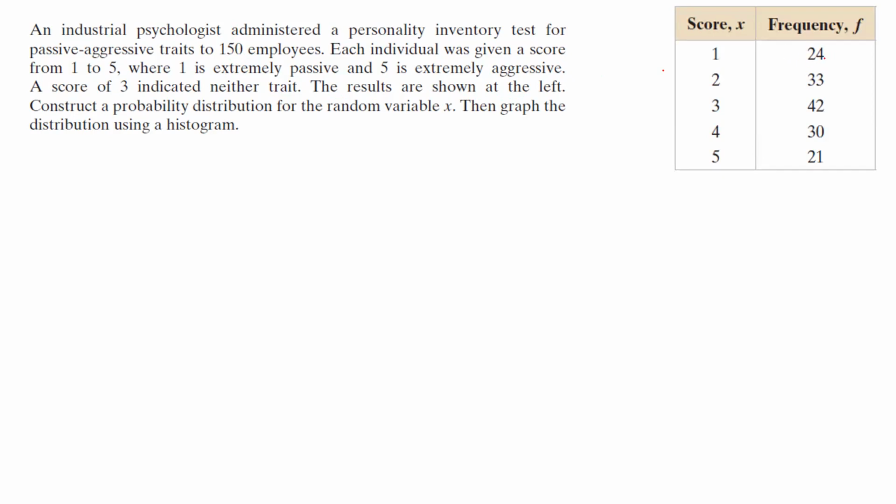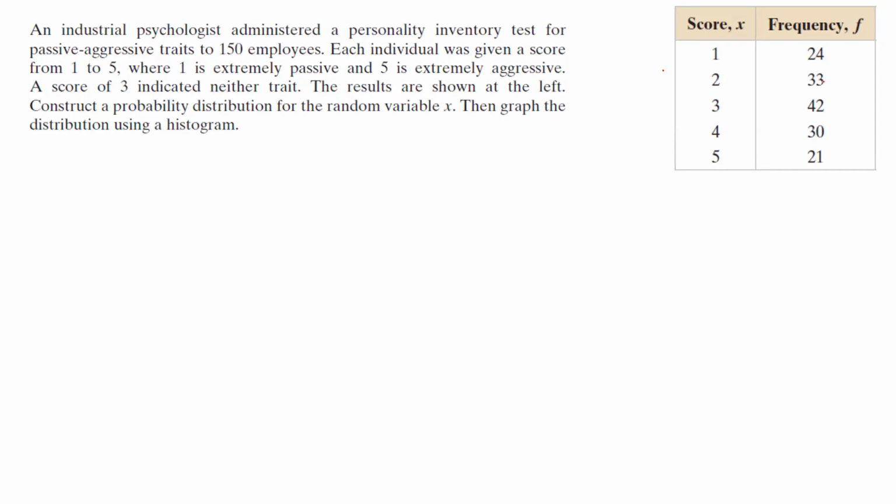24 employees scored 1. 33 employees scored 2. 42 employees scored 3. 30 employees scored 4. 21 employees scored 5. So again, think about a large class with 150 students, and you run this survey for your class. 24 students answered the question and got score 1.